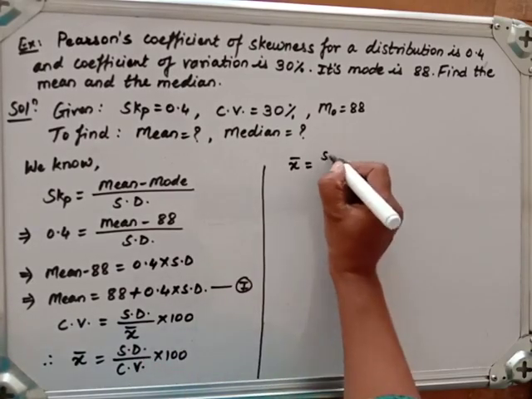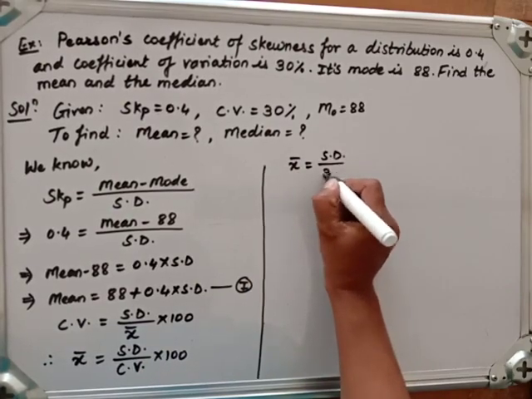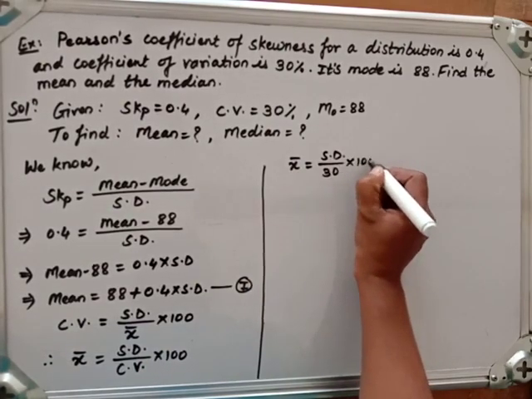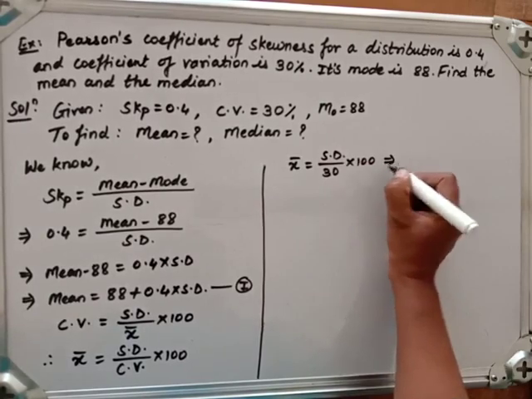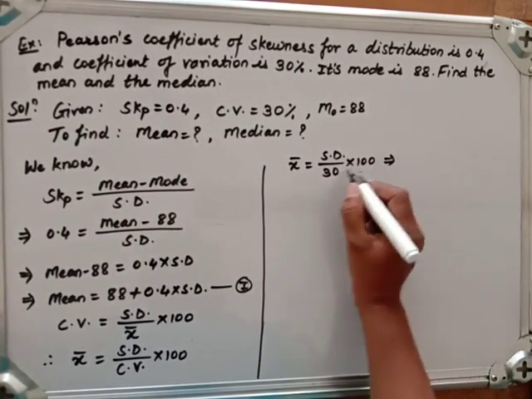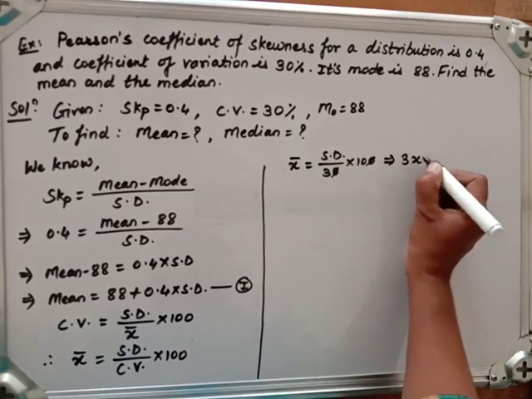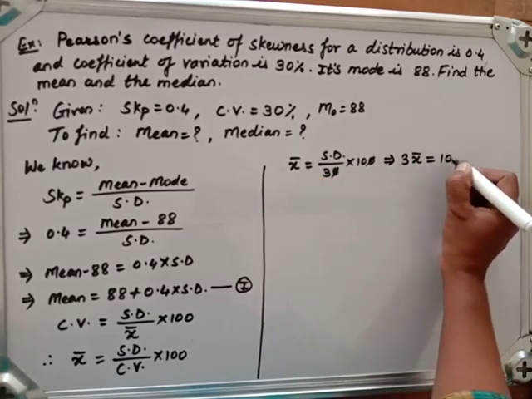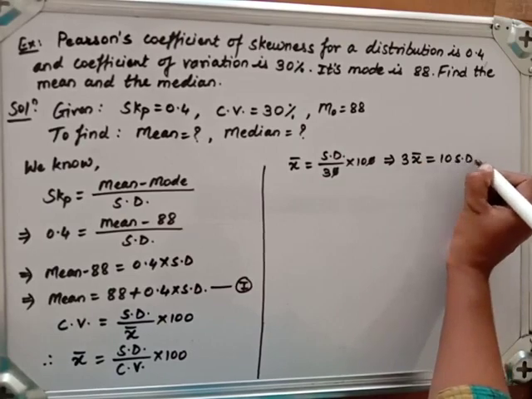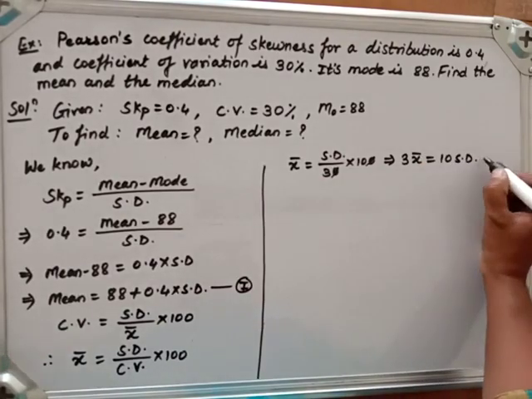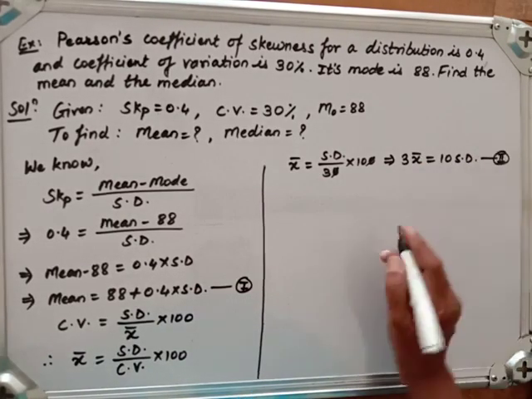Standard deviation is unknown, but CV is known. So mean equals standard deviation upon 30 into 100. This gets cancelled, this 3 can come here. So 3 times mean is equal to 10 times standard deviation. This is a new result we get. Call it equation number 2.